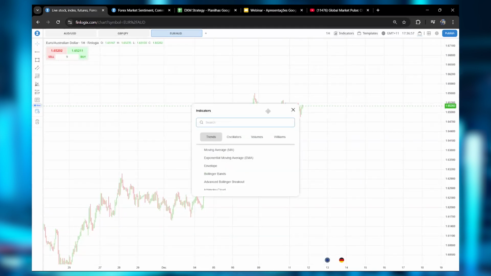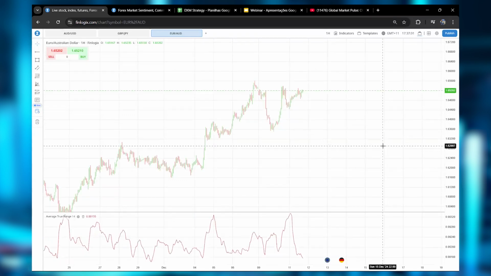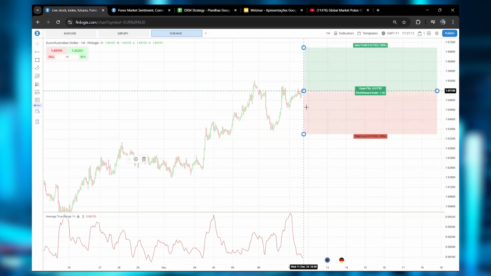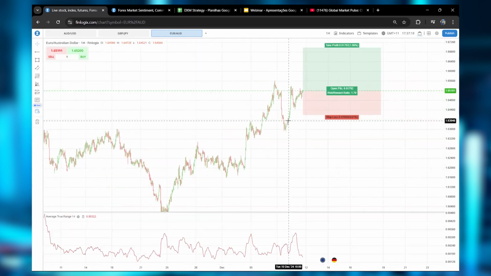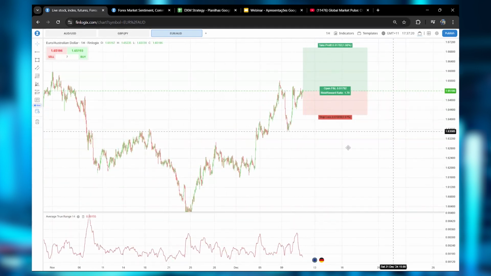So let me go into average true range again. It's on 155, so 155 times 6 is 930. So let's say 1,000. So long, we should be looking here to 1,000. Like that. That looks good. And then 1 to 8, that's already there.